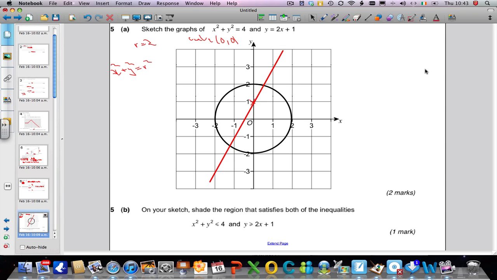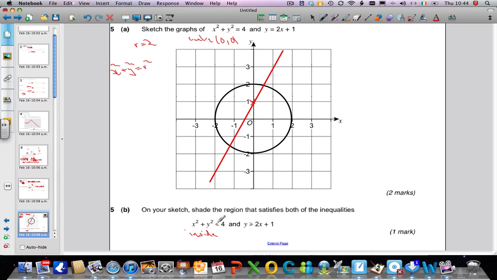Okay, so we've sketched our graph of the circle and the line, and now we're asked to shade the region that satisfies both of the inequalities. So it says here x squared plus y squared is less than or equal to 4. Well, if it's less than or equal to the radius squared, that means it's inside the circle.